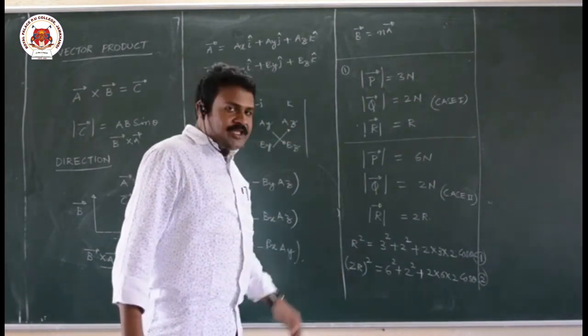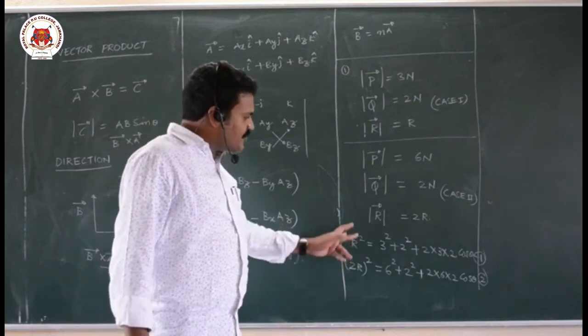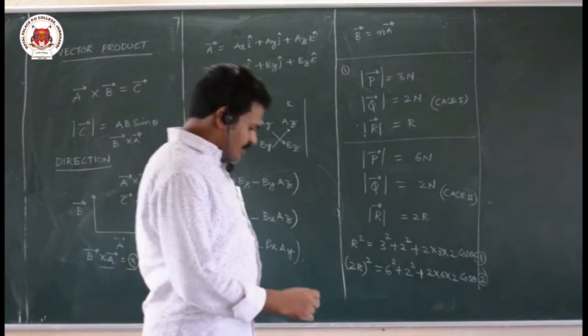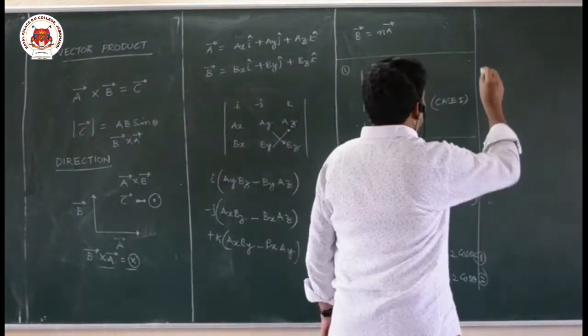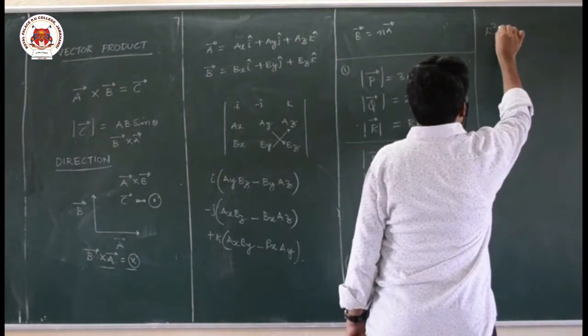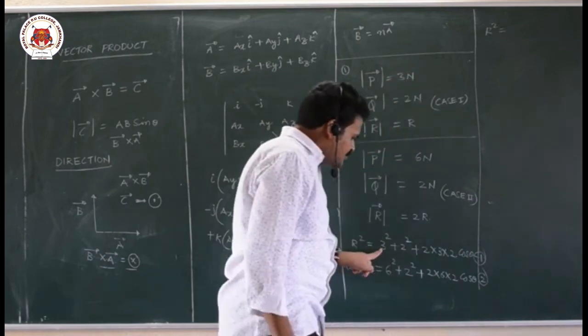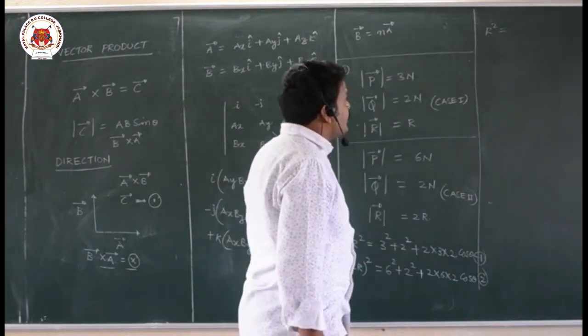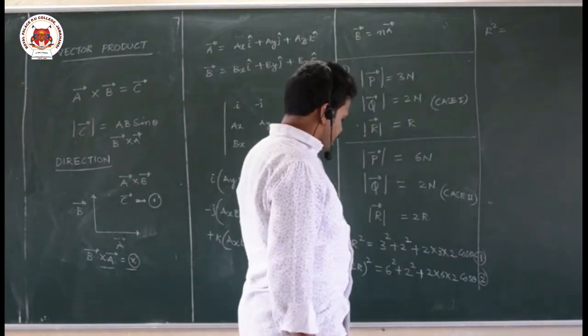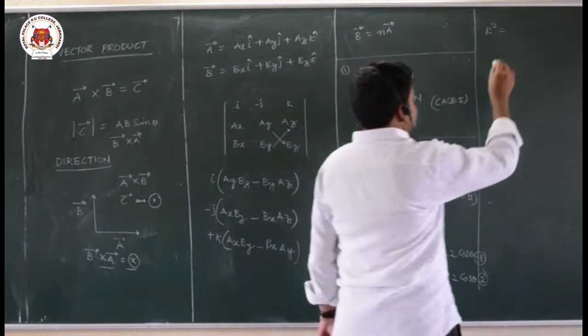Up to here everybody can do. Now, what is the next step? R squared is equal to 3 squared is 9, 2 squared is 4, so 9 plus 4 is 13.